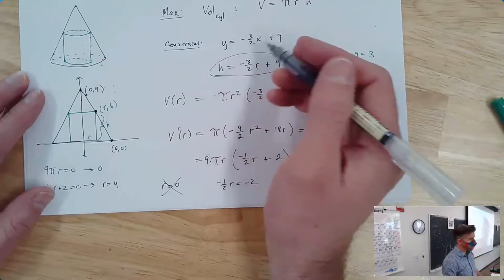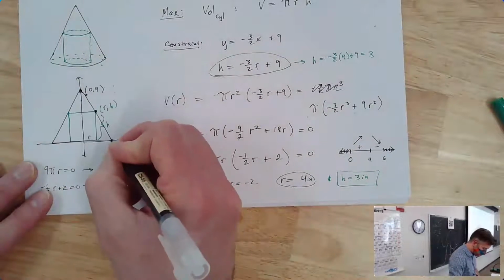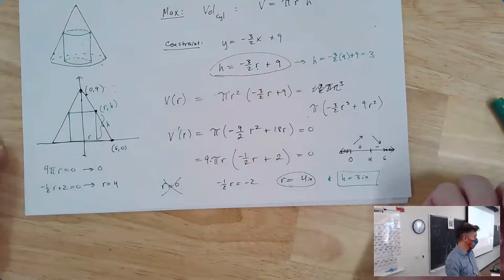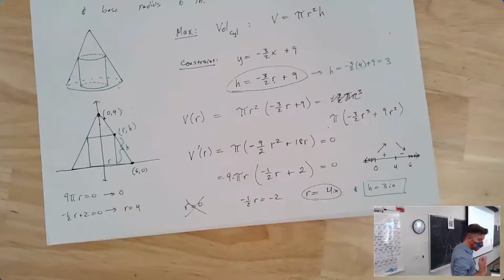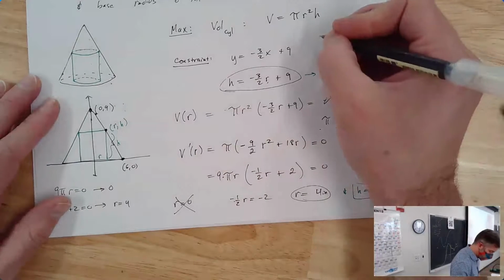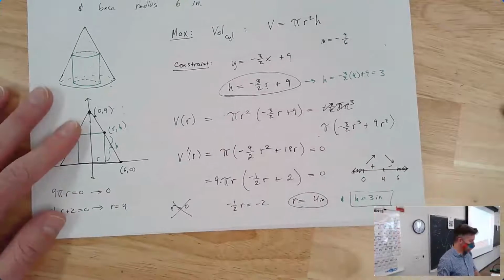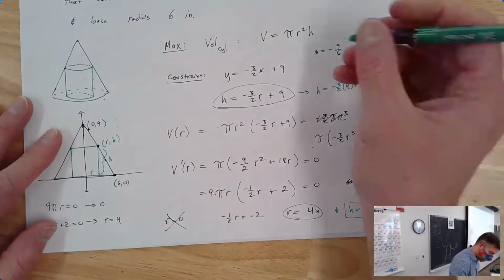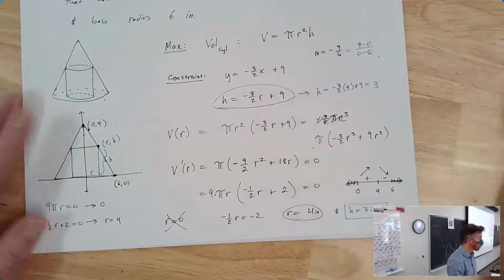I think the easiest way to get it is to say, well, from here to here, I can see that the slope is negative. First of all, it's definitely negative, right? And then I know the rise is 9 and the run is 6. So it's 9 over 6, but it's negative. So my slope is definitely negative 9/6. You can also do it the longer way, where you actually do 9 minus 0 over 0 minus 6.